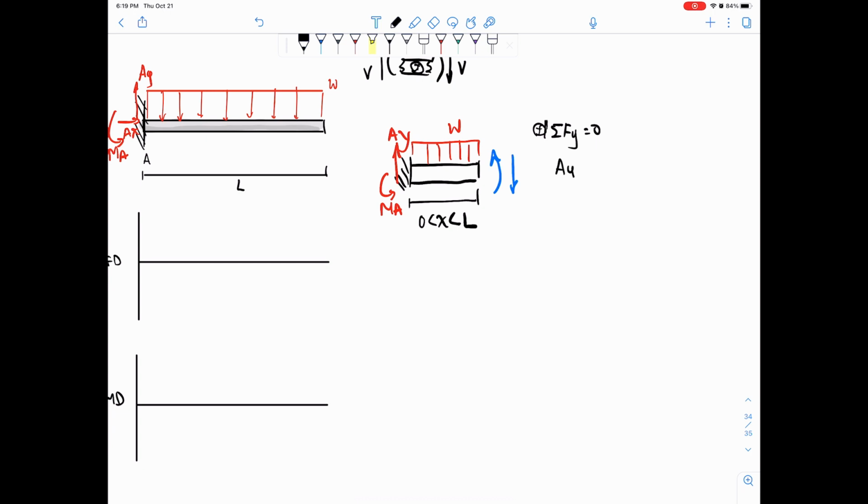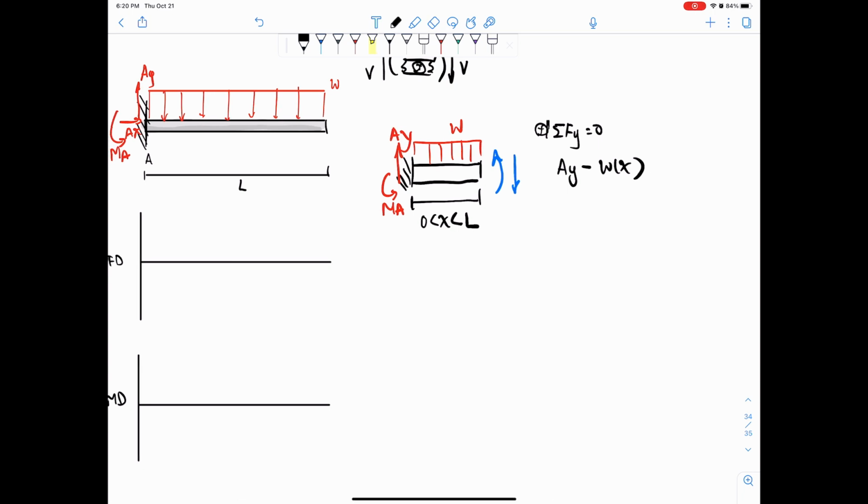So AY minus WX, because AY is upwards, WX is the distributed load times some distance between 0 and L, and minus V, where V is this shear force, equals 0.